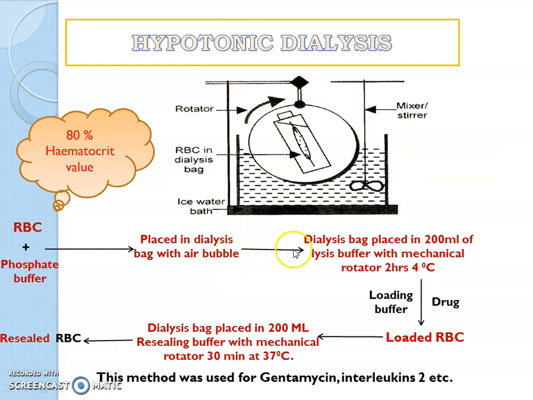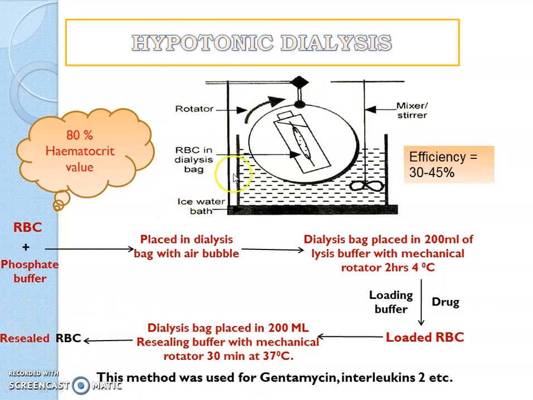Then these bags are placed into 200 ml of lysis buffer in a bottle that is rotated mechanically at 4 degrees Celsius for 2 hours. Then these RBCs are loaded along with the drug, and the loaded RBCs are finally placed into the resealing buffer with the mechanical rotor for 30 minutes at 37 degrees Celsius. Then there is a resealing of these RBCs.